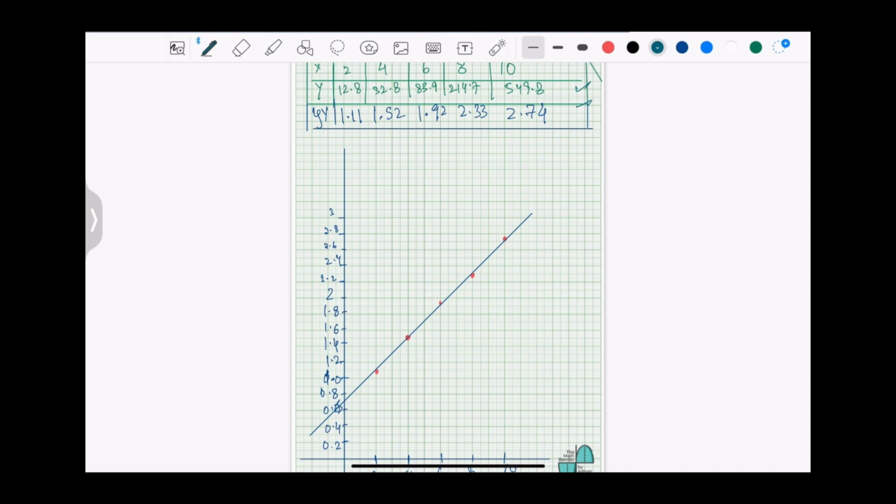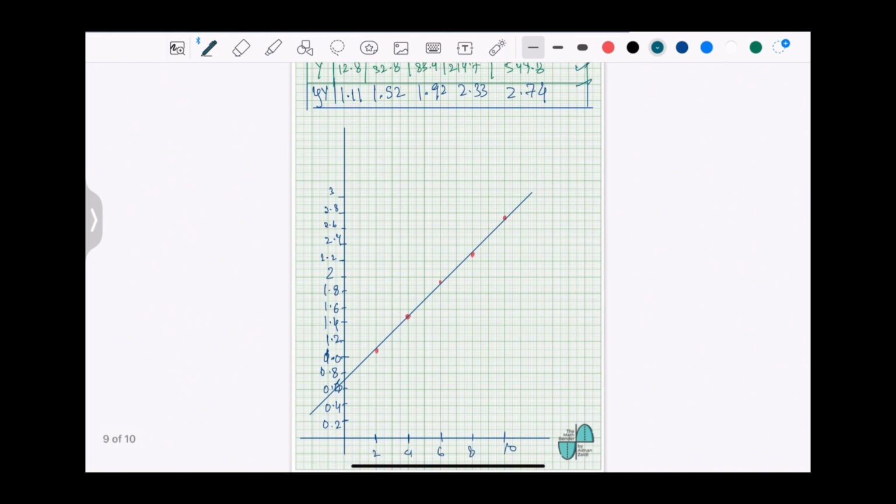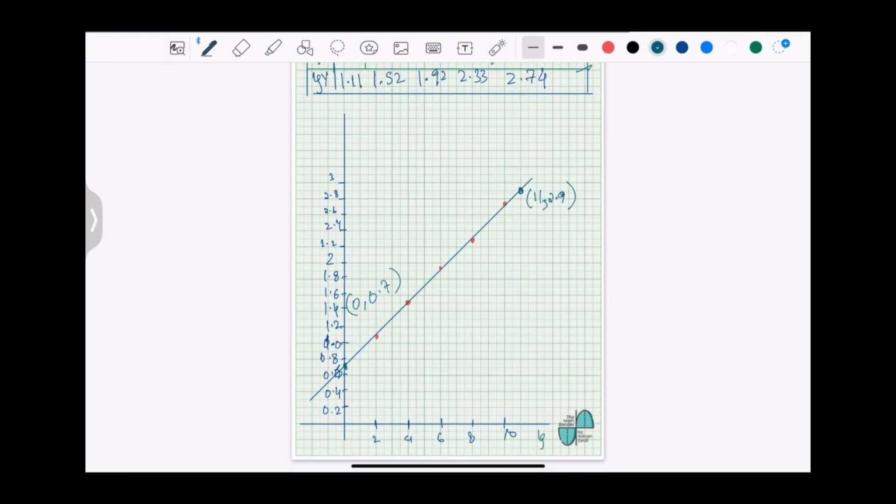So if I take this point here, it is (11, 2.9), and this point here is (0, 0.7), which is the y-intercept. The x-axis is x and the y-axis is LGY.